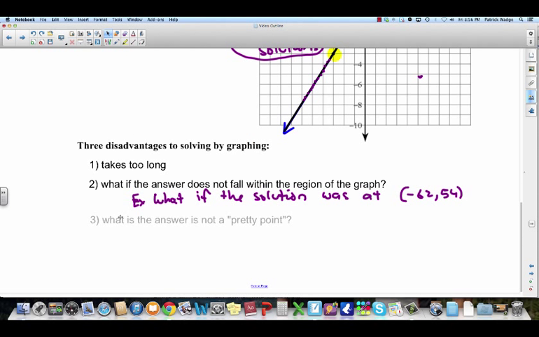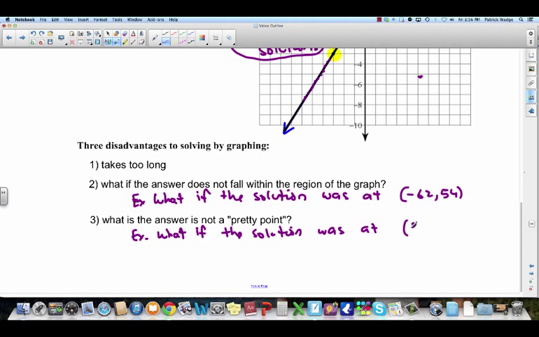A third reason I don't like it very much is, what if the answer is not a pretty point? Again, I made sure that all my answers were pretty points. But what if the solution was not a pretty point? What if the solution was at something like 3.6 and 1.4? That's very valid, could be a very valid answer, but it's going to be next to impossible for you to figure that out.